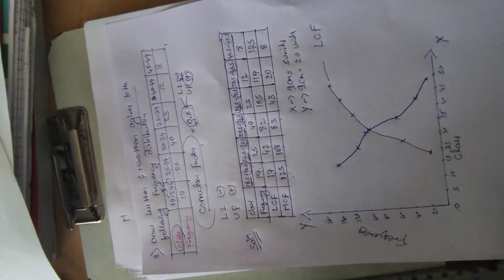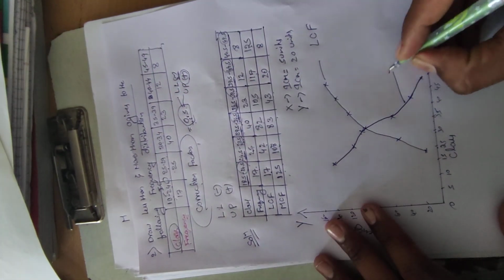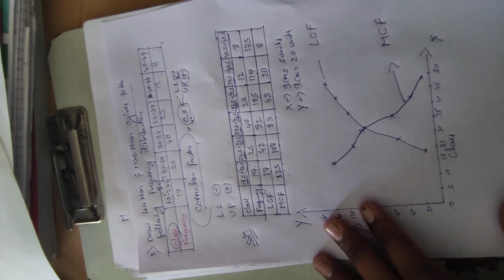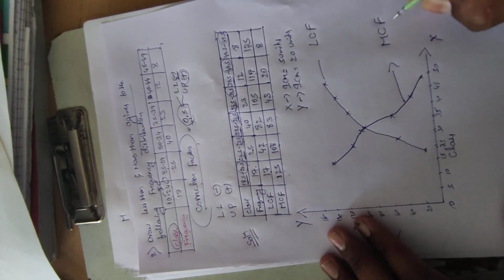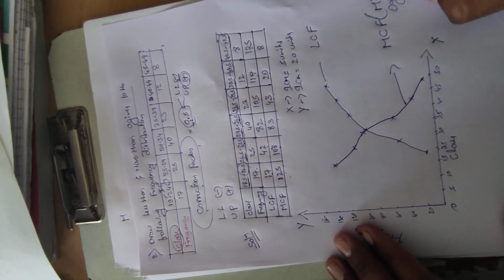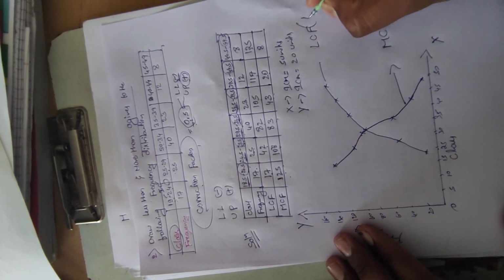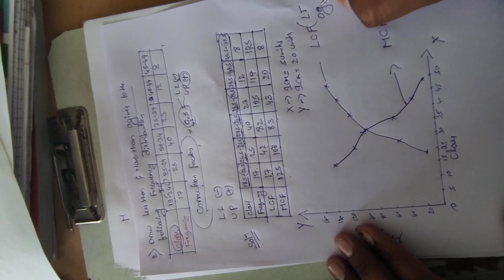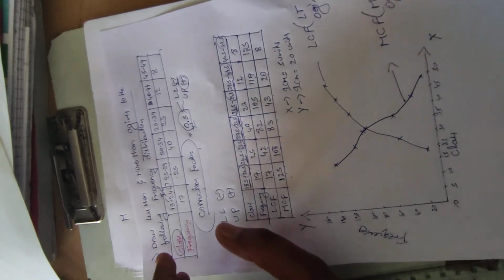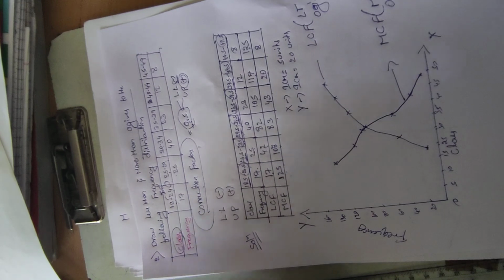So this is the solution. That's it. This is called an MCF, more than cumulative frequency, meaning more than ogive. This is called a less than ogive. This is the solution for this problem. In this problem, no need to identify any median or Q1 or Q3.